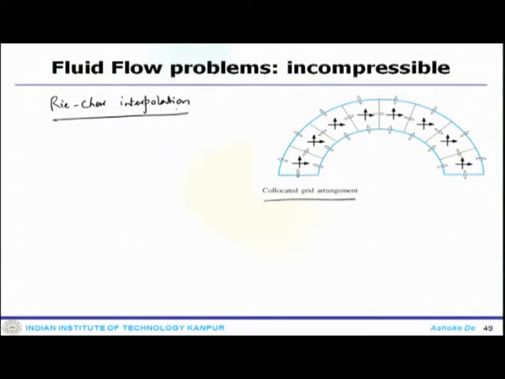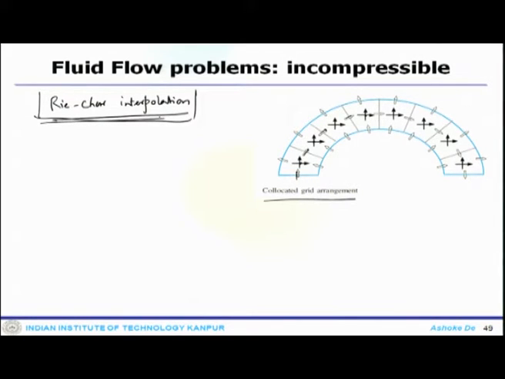Using this interpolation, you have everything at the cell center, so it is a cell-centered collocated arrangement, and you get the fluxes interpolated at the faces, so that you can avoid the checkerboarding issue. This is what the Rhie-Chow interpolation does.